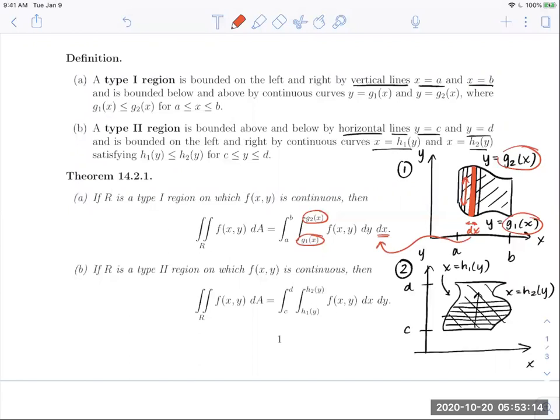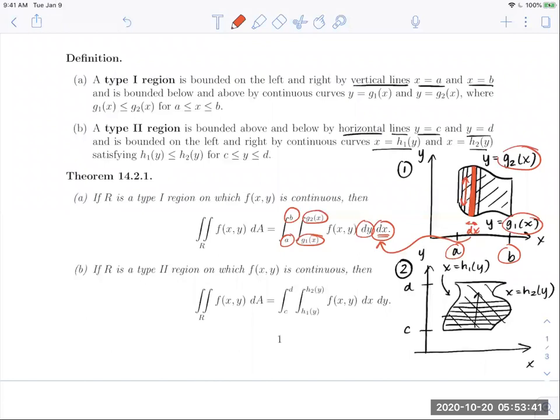So that tells you that you want to end in the x variable because you want to go from A to B along your x-axis. So you'll see me oftentimes sketching these regions and then showing a little strip, whether it be vertical or horizontal, and identifying that thickness, in this case dx. That tells me that I want to integrate with respect to x last and with respect to y first.